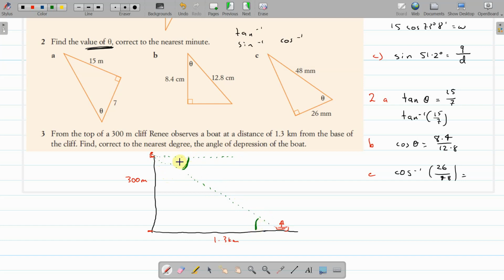We're going to find that angle. So whenever you get a question like this, a boat out from a cliff, the angle of depression is the same as the angle from the boat up to the top of the cliff. Same angle.